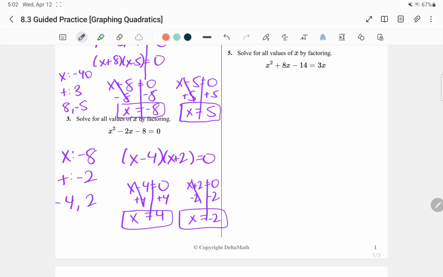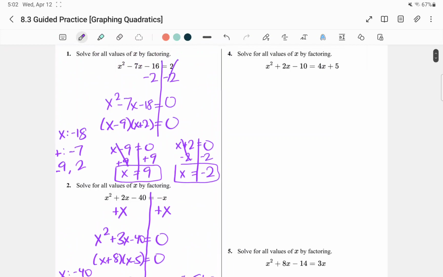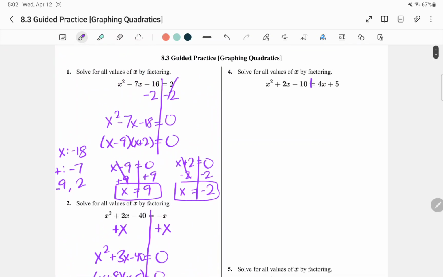My answer for number 3 is x equals 4, x equals negative 2. Two minus 4 is negative 2. Negative 10 minus 5 is negative 15.